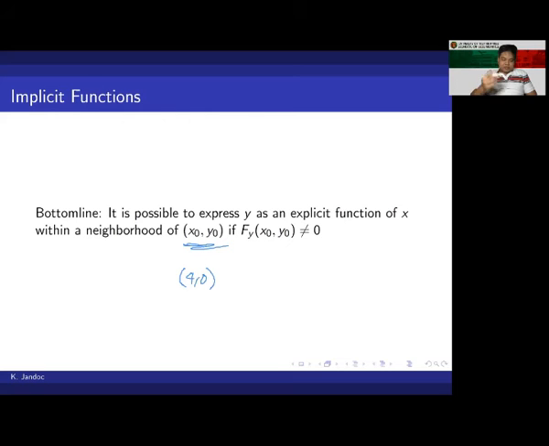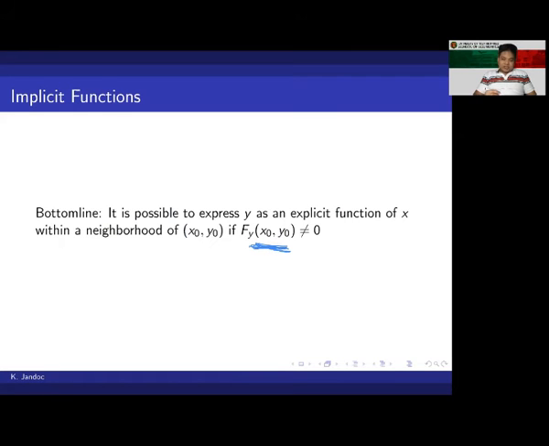So the bottom line is that it's possible to express y as an explicit function of x within such a neighborhood if fy evaluated at that point is not equal to 0.